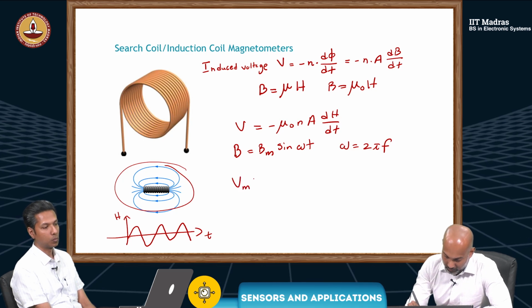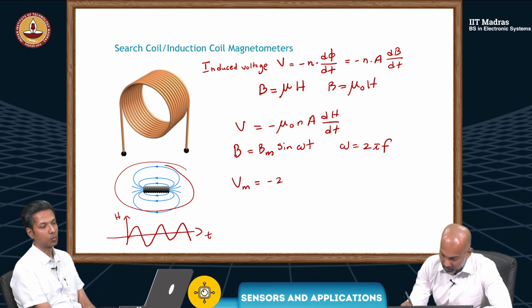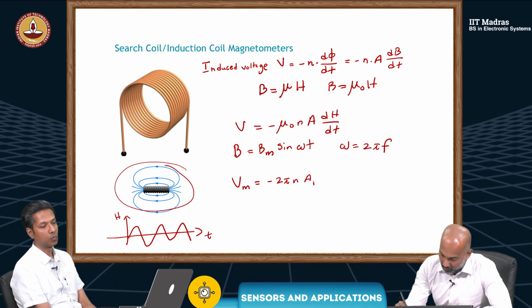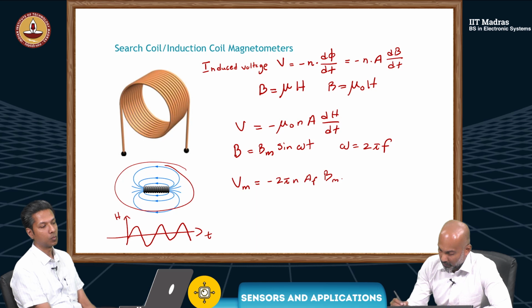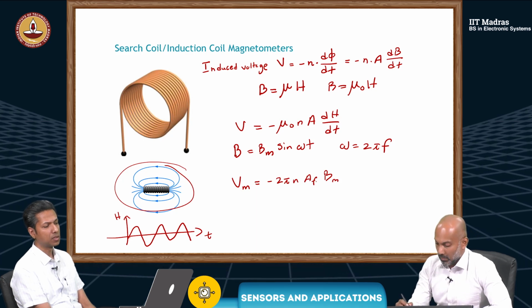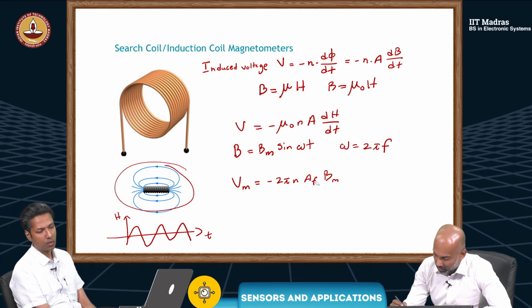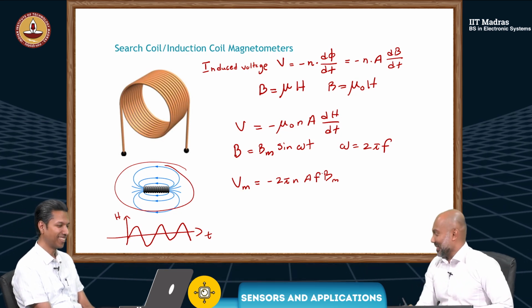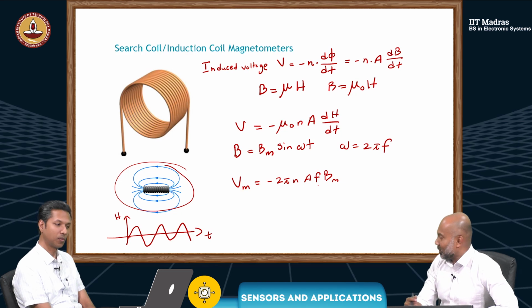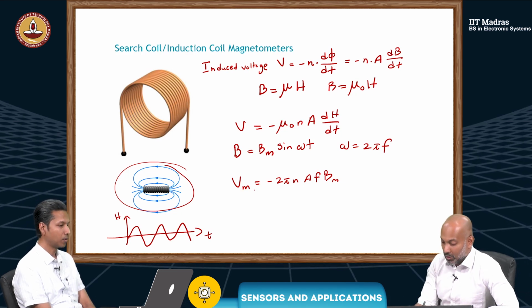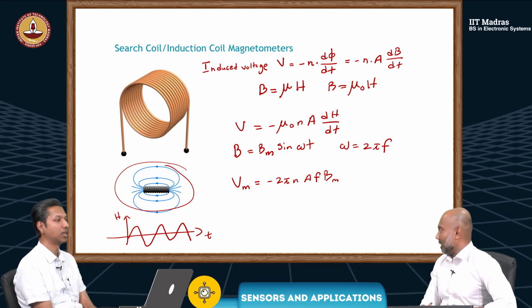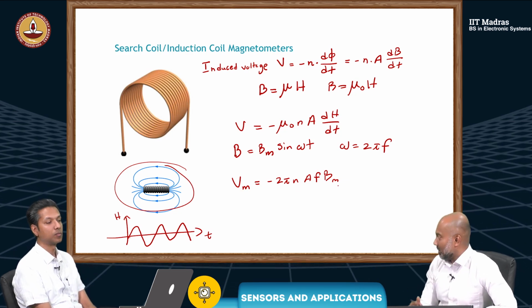Then Vm you can also write as minus 2 pi N A f Bm. Here f is the frequency of this time-varying magnetic field, and Vm is the maximum value of the induced voltage.